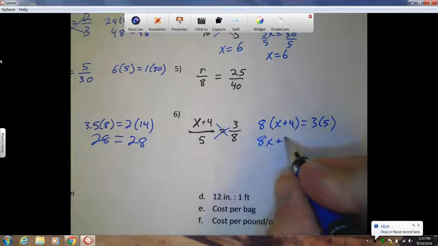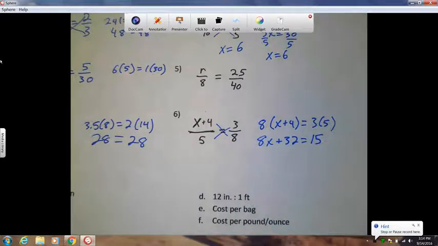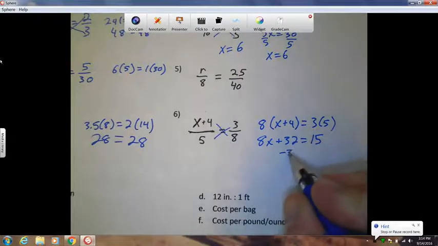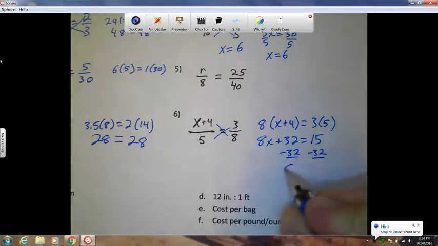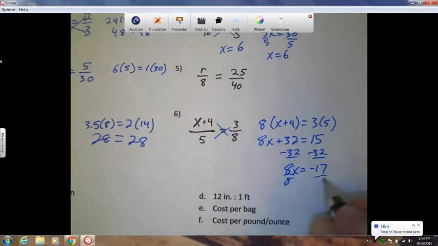So 8x plus 32 is equal to 15. So 8x is equal to negative 17, and I divide by 8. x is equal to negative 2 and 1/8.